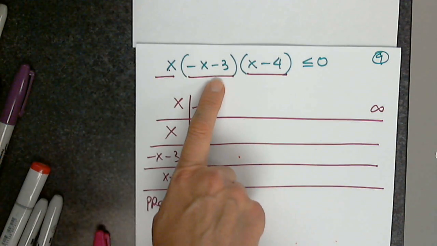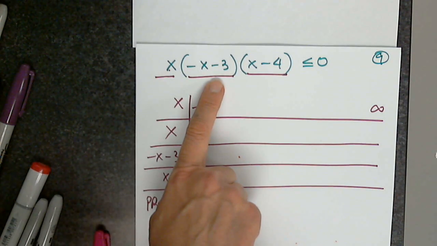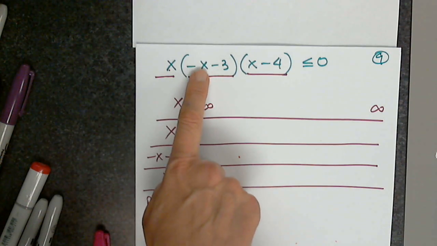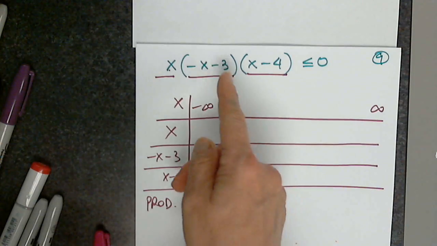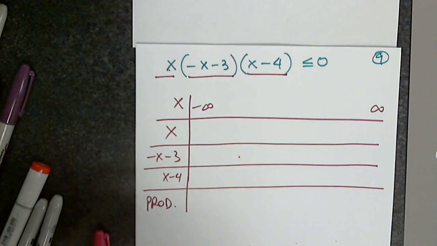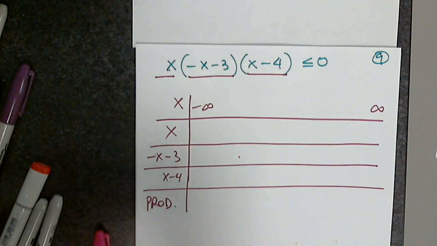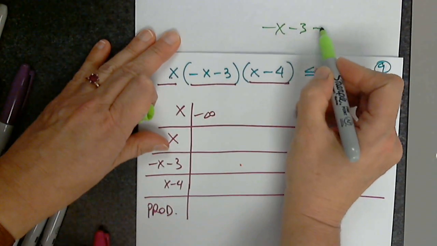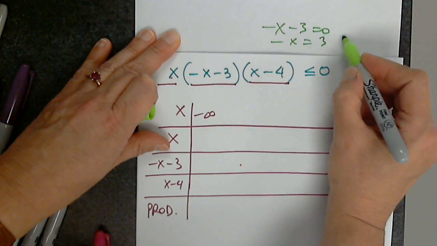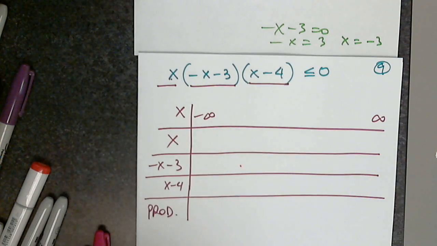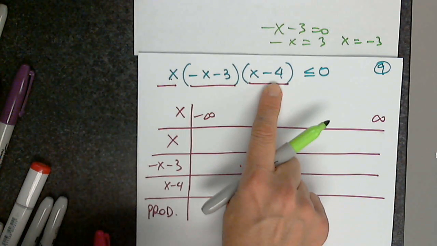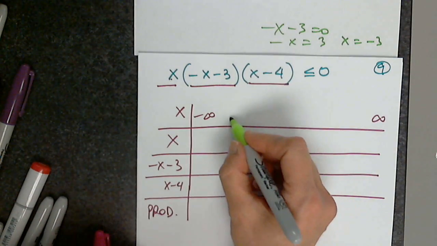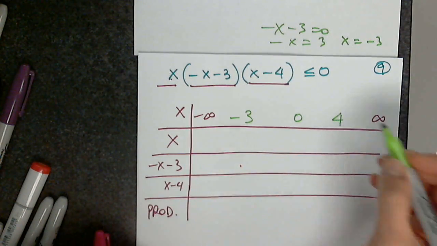Negative with plus, no, it's not going to work. We have -x minus 3 equals 0, and I have to move x or move -3. -x minus 3 is 0, -x equals 3, x equals -3. So 0, -3, and? Good. So -3, 0, and 4.